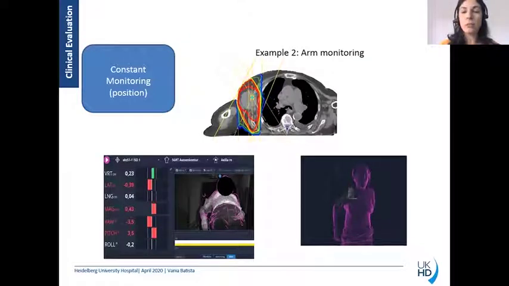That means that if the patient moves during the treatment, the treatment can directly stop, because there is an interface between Align RT and the linac. So the beam can be held directly when the patient goes outside tolerance.